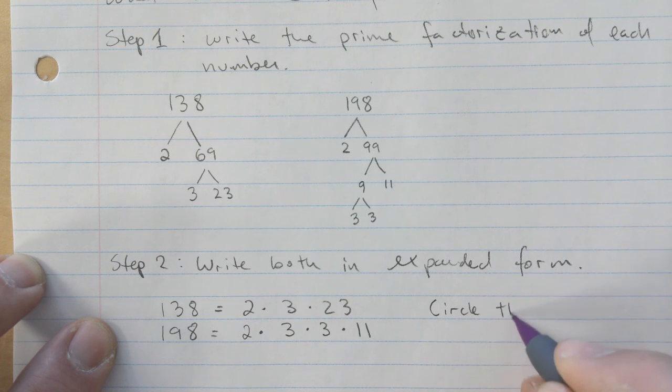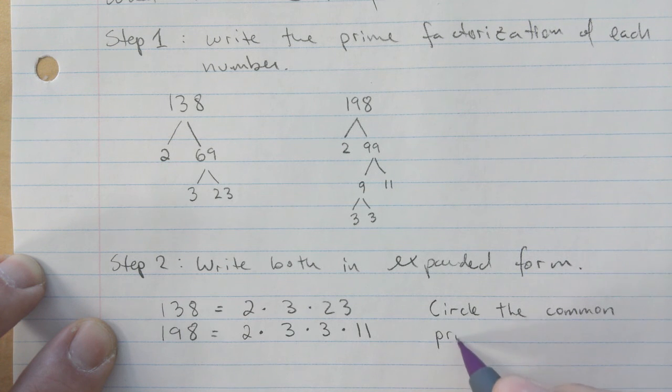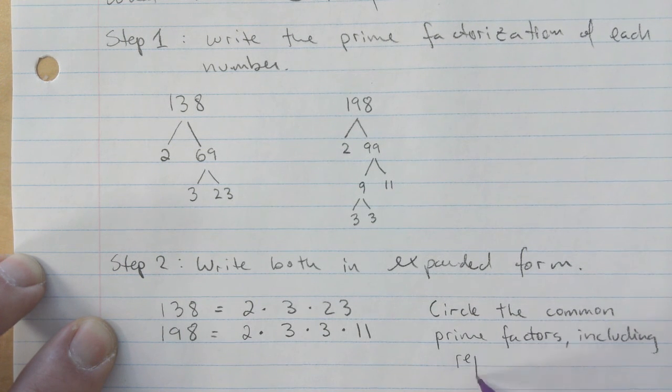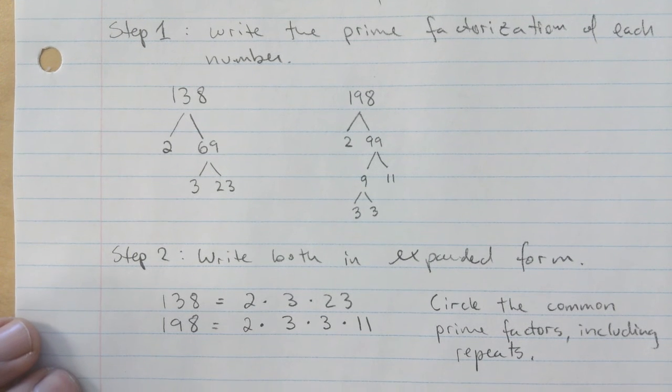Circle the common prime factors, including repeats. This is going to be it.